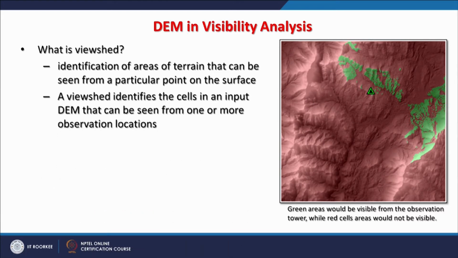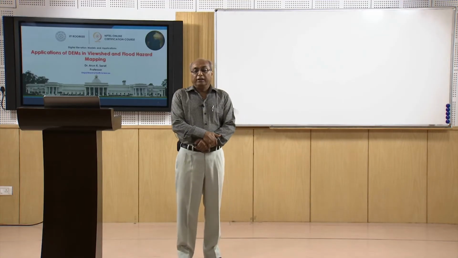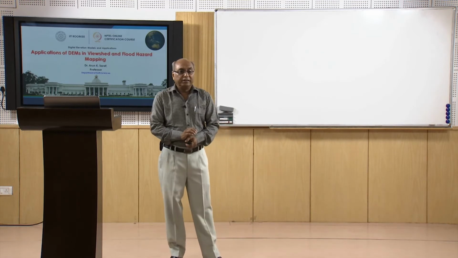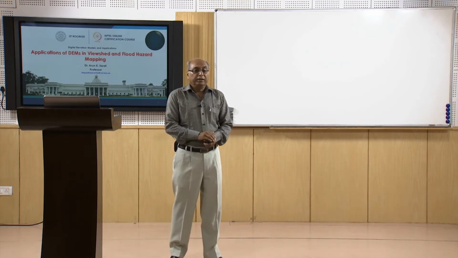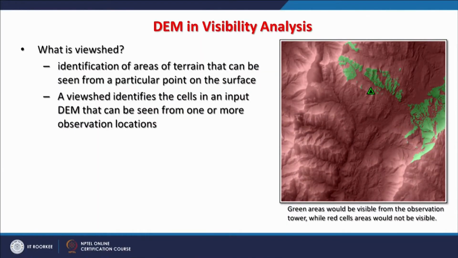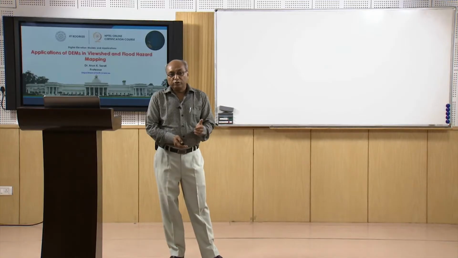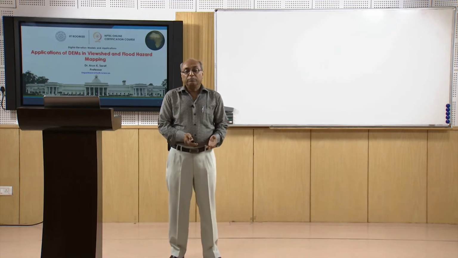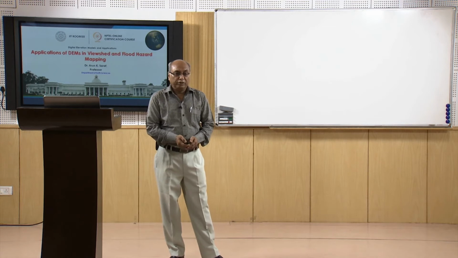We also see that viewshed identifies cells, because what we are employing is a digital elevation model, which is raster based. So it identifies the cells in an input DEM that can be seen from one or more observation locations. In viewshed analysis, you can involve not only one observation location but multiple observation locations as well.